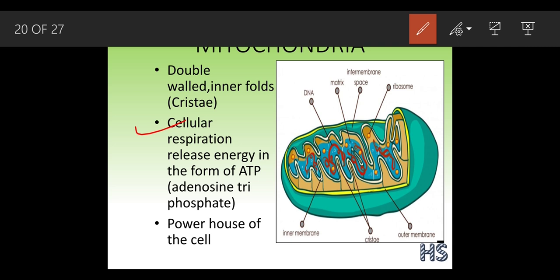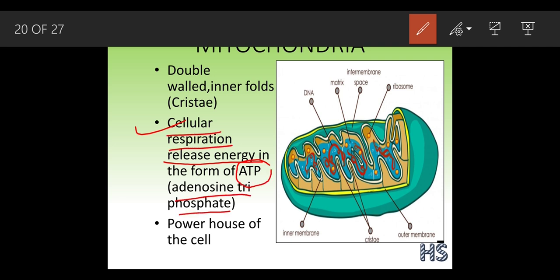Cellular respiration, what does that mean? We humans put a lot of effort into doing any work. Whenever we put in effort, at that time we release energy, okay. That energy release is in the form of ATP, that is adenosine triphosphate, okay.